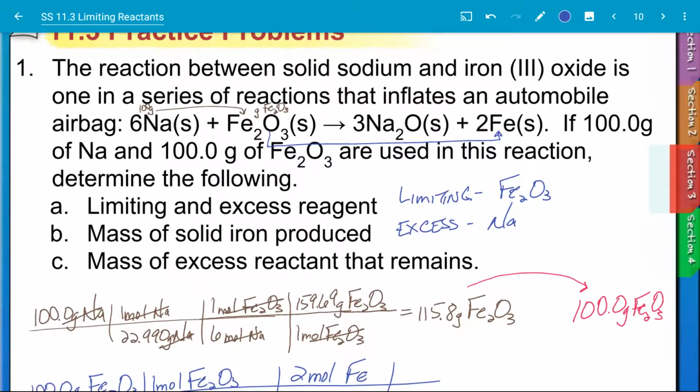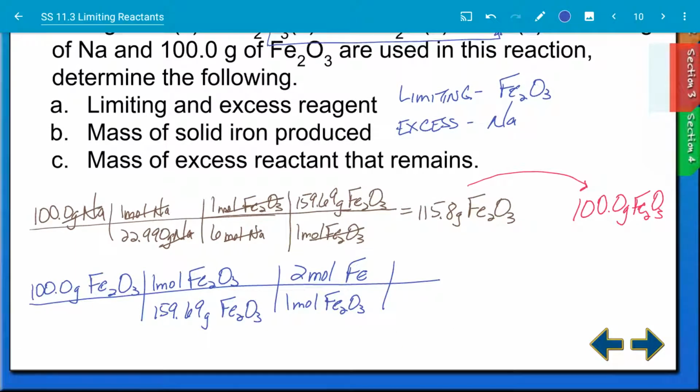And now I can go from moles of iron into grams. So every 1 mole of iron, and iron again weighs 55.845 grams. So my grams of iron oxide cancel out, my moles of iron oxide cancel out, my moles of iron cancel out. I'm left in grams of iron.